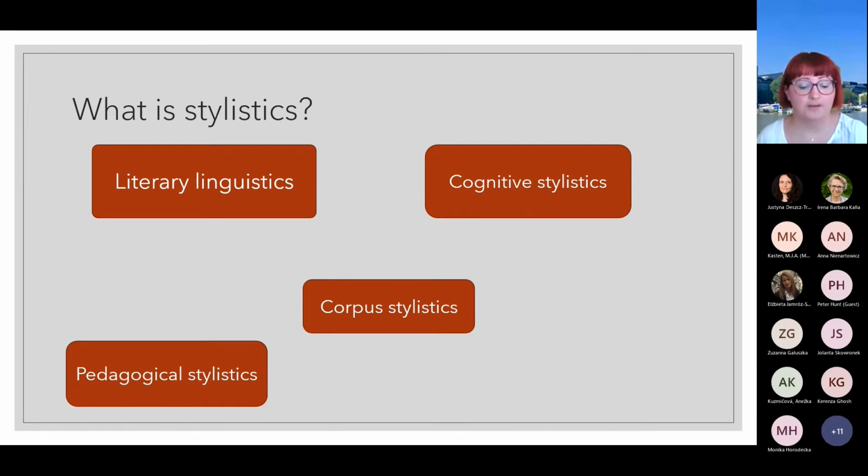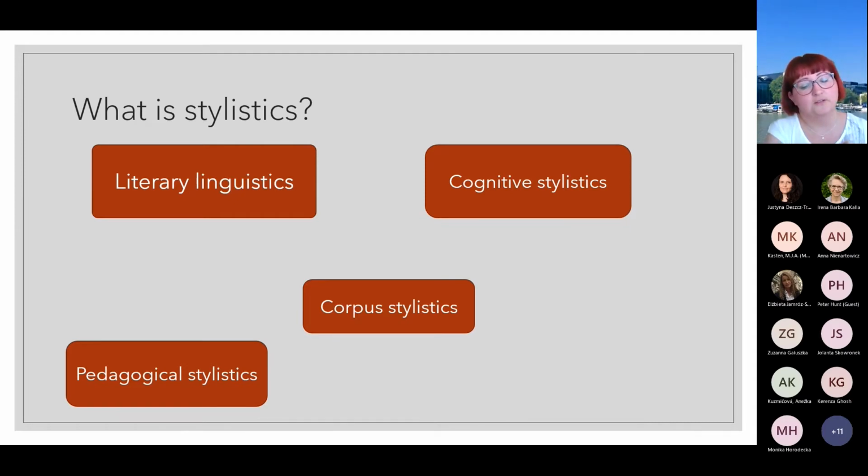You might hear about pedagogical stylistics, and this is something that is particularly important to me. It's also a recent development, but it has to do with using this approach, looking at language and style, to teach. You'll be interested in it if you are a literary scholar, because traditionally pedagogical stylistics would use a text in the target language, whether it's English, French, or Spanish.